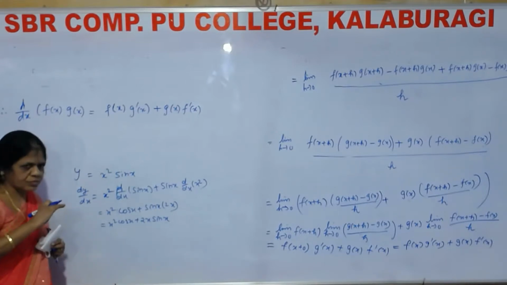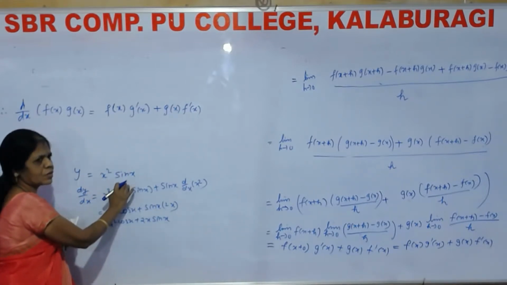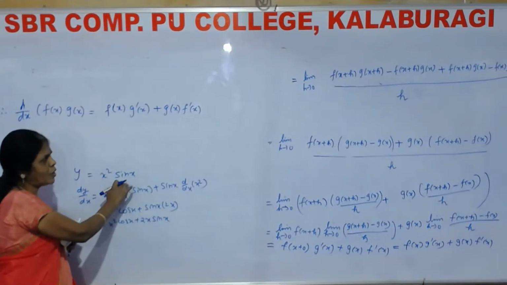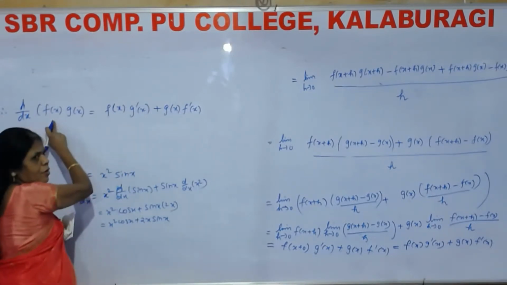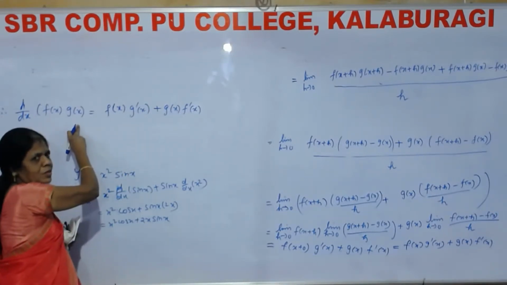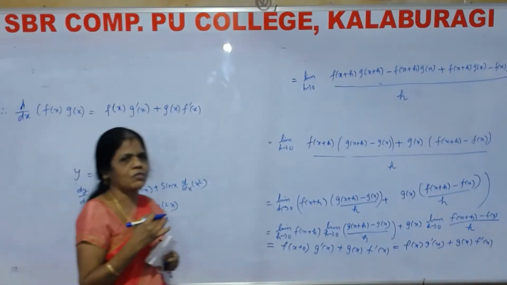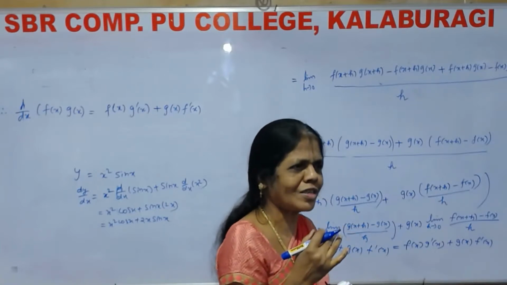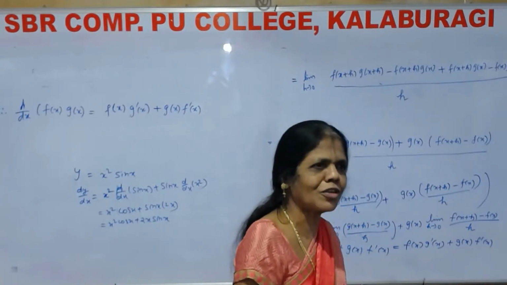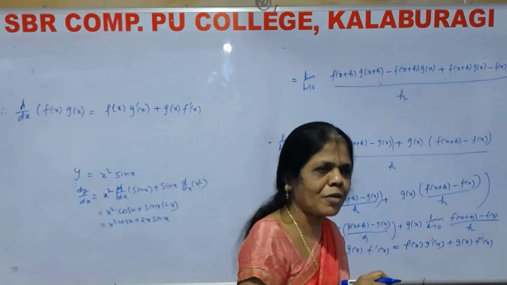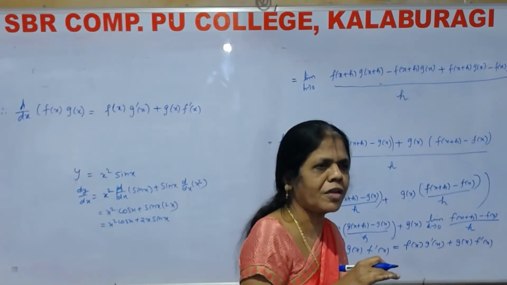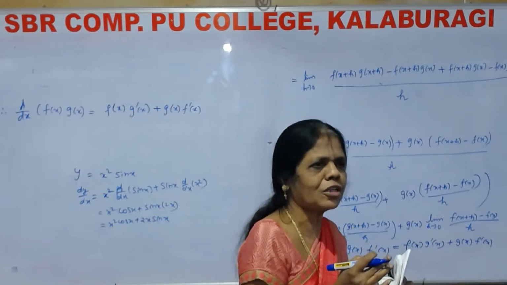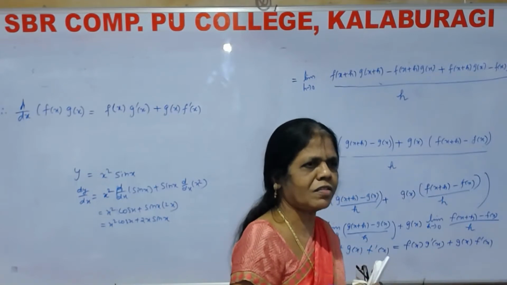You cannot differentiate as it is, variable into variable. That's why one variable is f of x, another is g of x. I can take u v also. You may treat u and v as a constant. If I am taking f of x, it is a function of x, it's a variable. Another variable is g of x. Both are in terms of x, so you will understand easily.